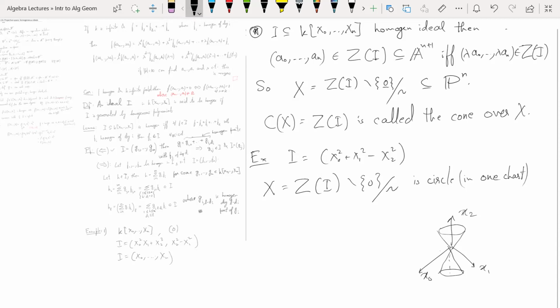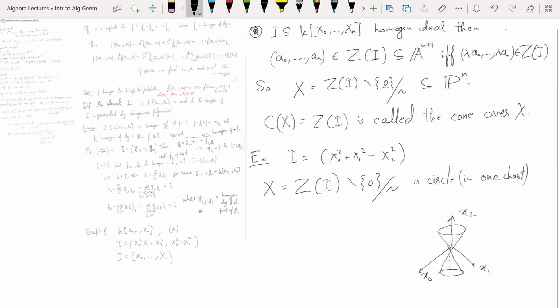Okay. So (a0, ..., an) belongs to Z(I) if and only if (λa0, ..., λan) belongs to Z(I).